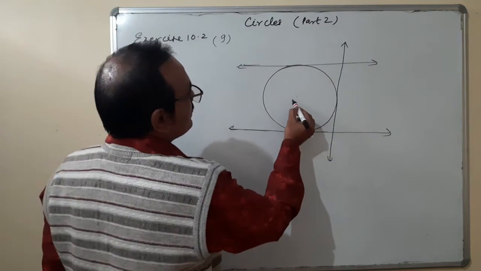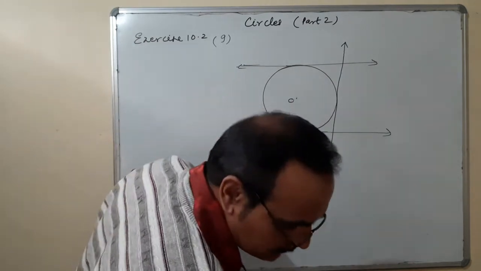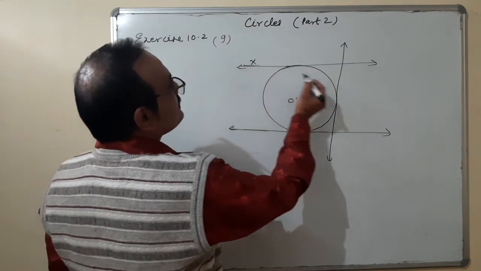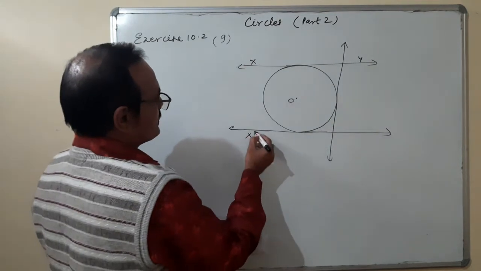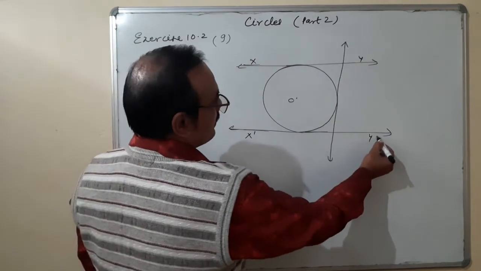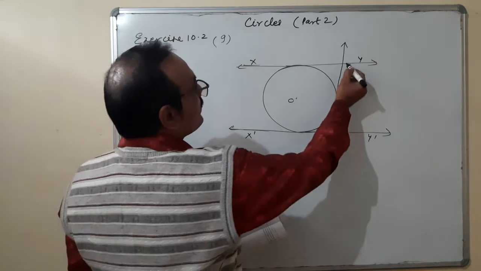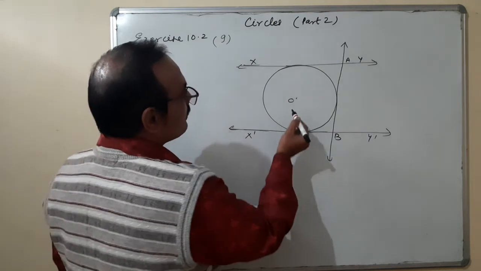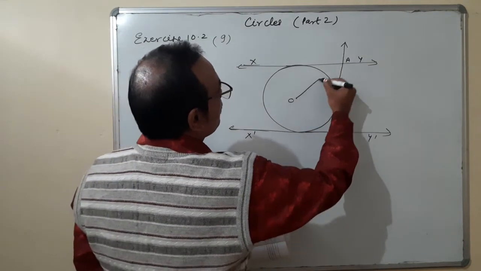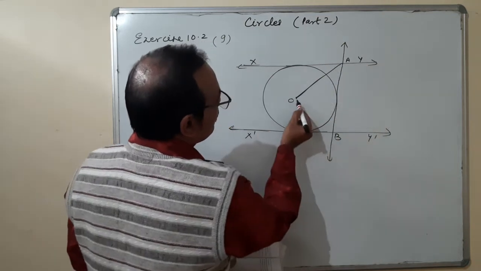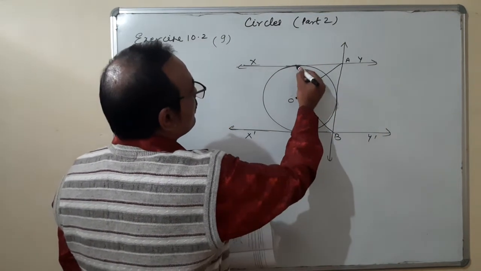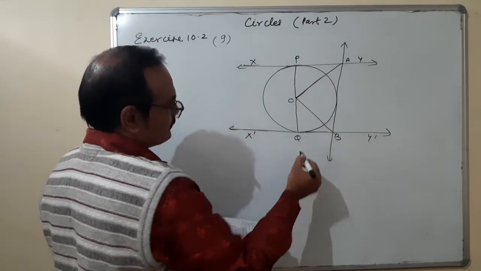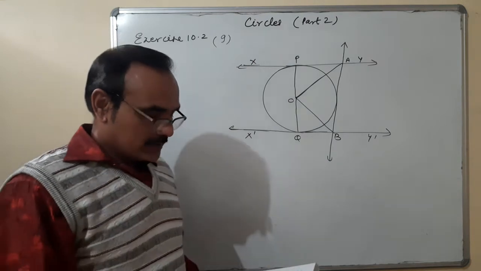This is the center of a circle O, and terms are given x, y, x dash, y dash, A, B, it is O, P, and downside there is a Q. This is the diagram.